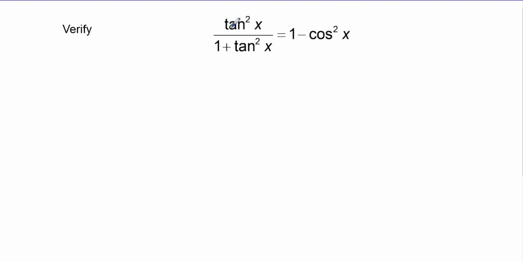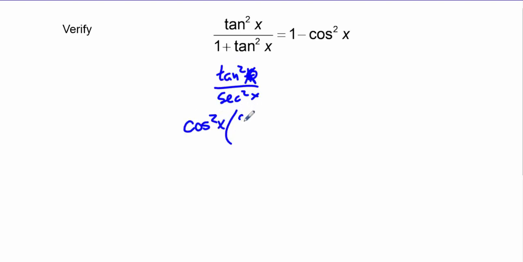So if I want to get started, let's just say, well, I know here's the Pythagorean identity, 1 plus tan squared is secant squared. So now I have tan squared x over secant squared x. And I know 1 over secant squared is the same as cosine squared.